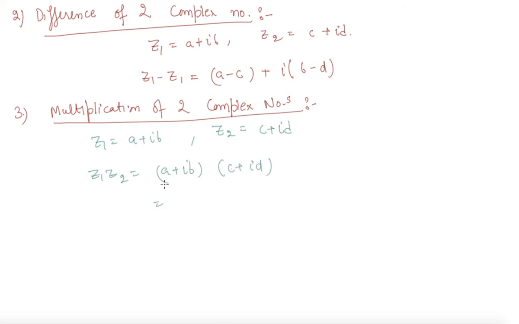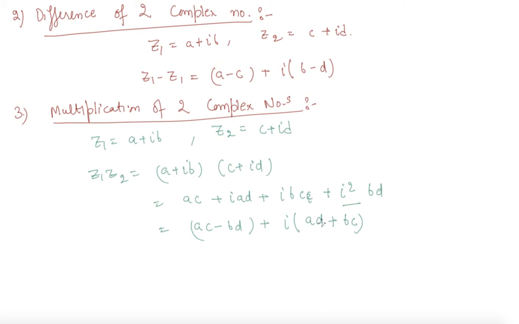This is a simple multiplication. a gets multiplied with c, then iota times ad plus iota times bc plus iota square bd. And you know the value of iota square is minus 1. So it comes out to be ac minus bd plus iota times ad plus bc.